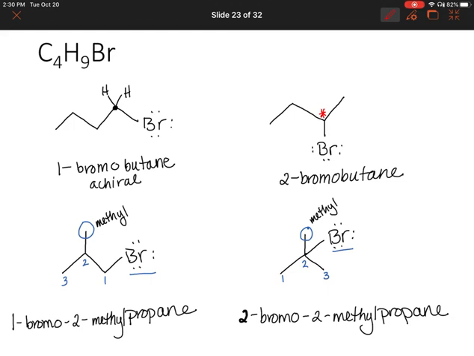So we have 4 different groups on that carbon. So is that molecule chiral or achiral? It is chiral. All right, let's look at 1-bromo-2-methylpropane. Are there any stereocenters?